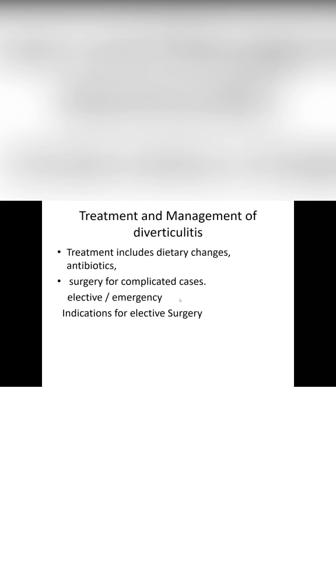Is there anything that you can do to stop that from happening again? You change everything, dietary advice and change of lifestyle, and it doesn't work. The patient keeps coming with repeated attacks of acute diverticulitis. Is there anything that you can do for him?